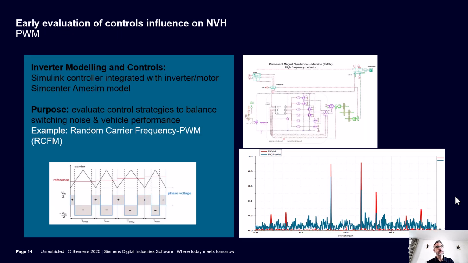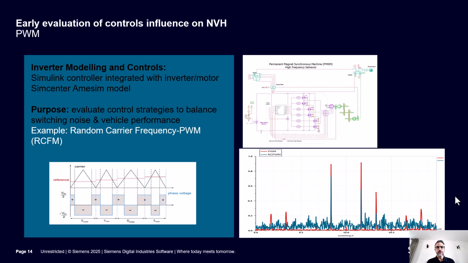An example here, we are using this system simulation capability to evaluate the effect of controls on NVH, in particular for the pulse width modulation, so basically the switching noise frequency from the inverter.